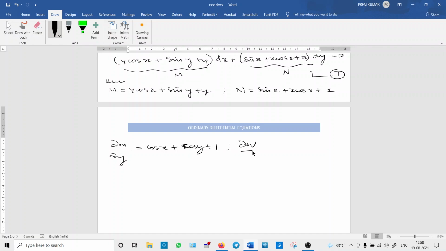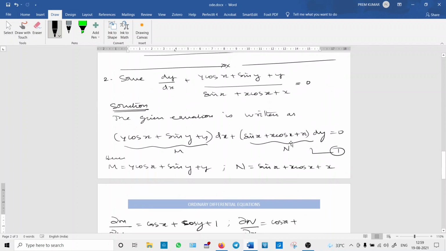What is dou N by dou x? Sin x becomes cos x, plus x cos... sorry, this is x cos y, I think. I wrote the question wrongly. Yes, this is cos y.